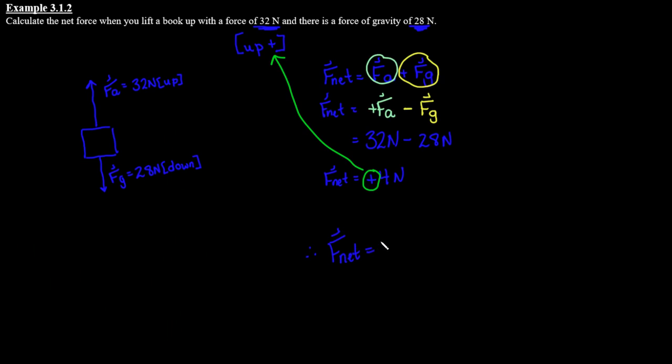So the net force acting on our object, let's take a look at our significant figures. 32 has 2, 28 also has 2. So we're rounding our answer to 2 significant figures, so the net force acting on the object is 4.0 newtons, and remember, because it's positive, the net force is in the up direction.